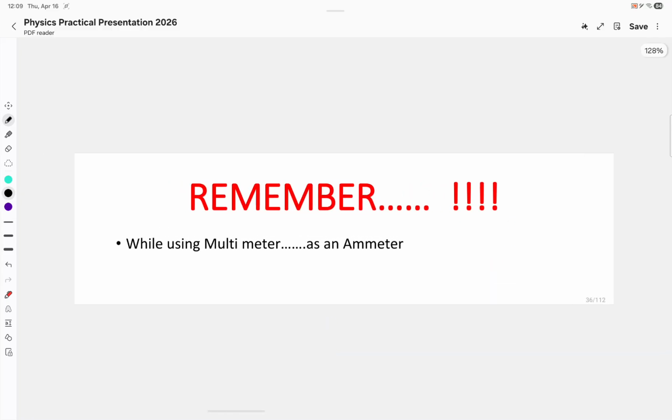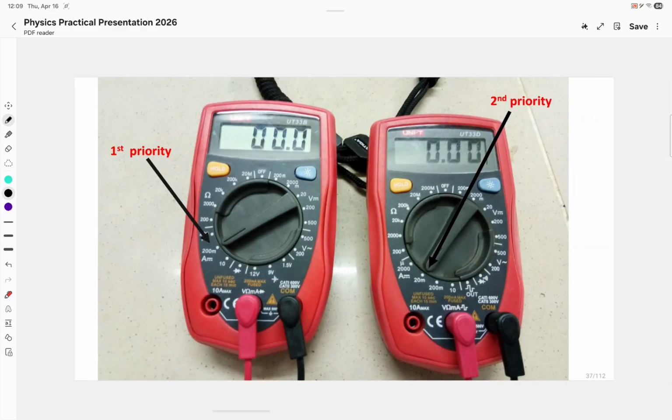So let's first talk about using the multimeter or digital meter as an ammeter, where you're going to adjust your dial settings. See here, first priority and the second priority. To use the digital meter as an ammeter, you have to put either a 200 milliamp setting or a 20 milliamp setting.